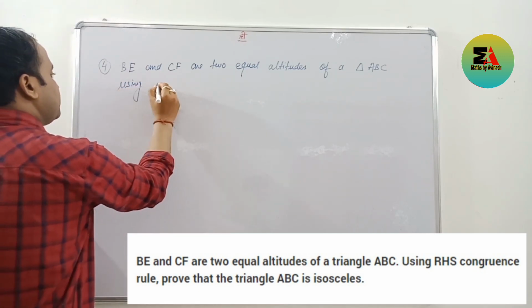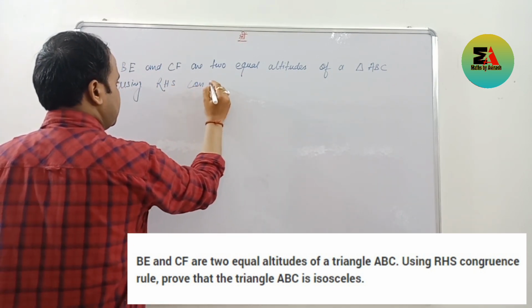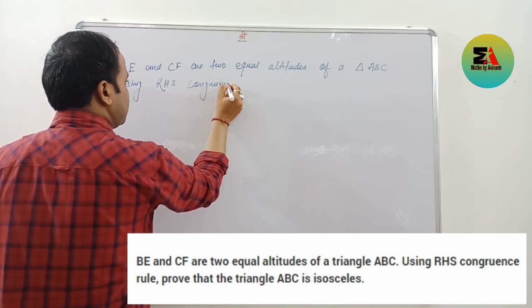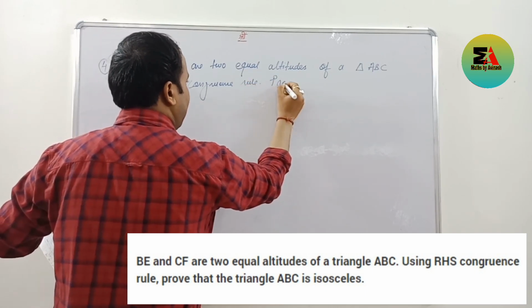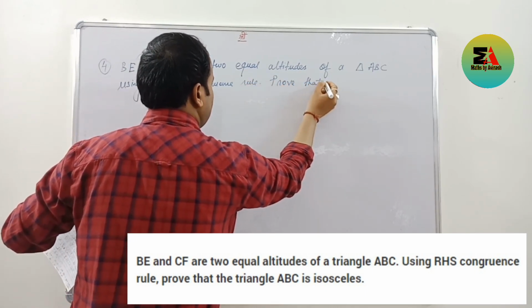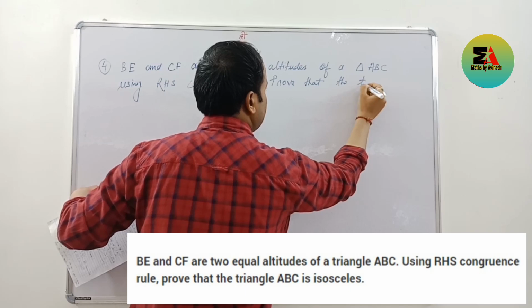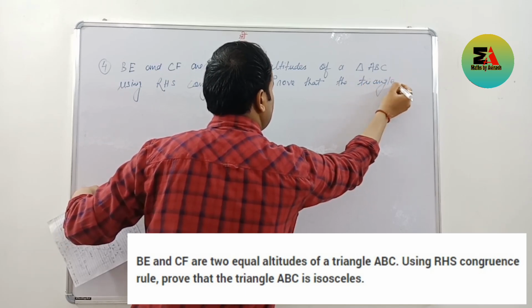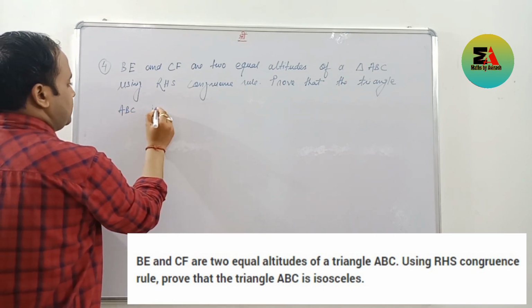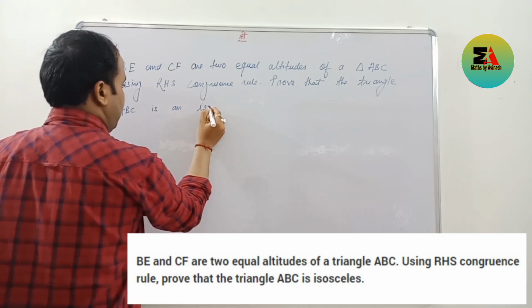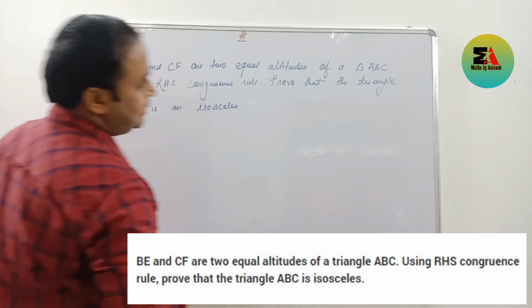Using the RHS congruence rule, prove that the triangle ABC is isosceles. This is the given question.